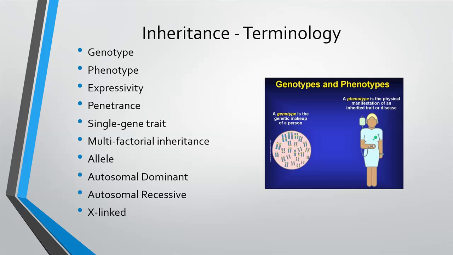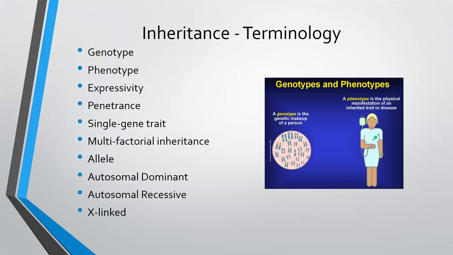So for instance, if we say a particular gene or mutation of a gene has a 75% penetrance, then it means 75% of the people with that particular genotype will present with a recognizable phenotype.